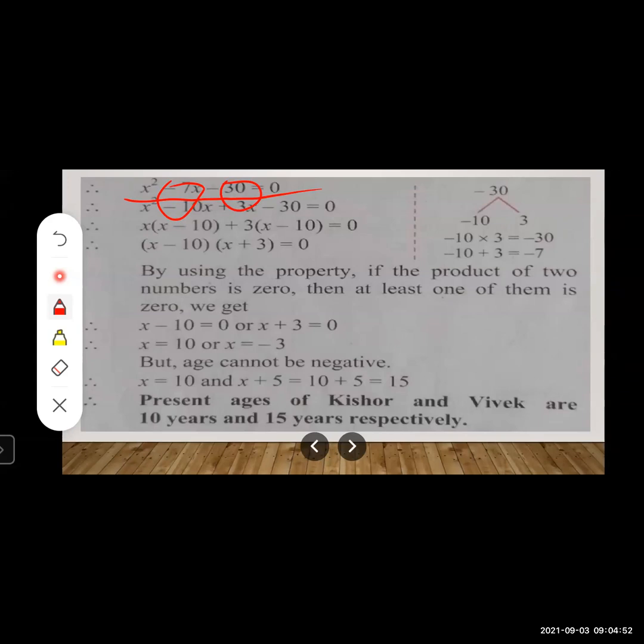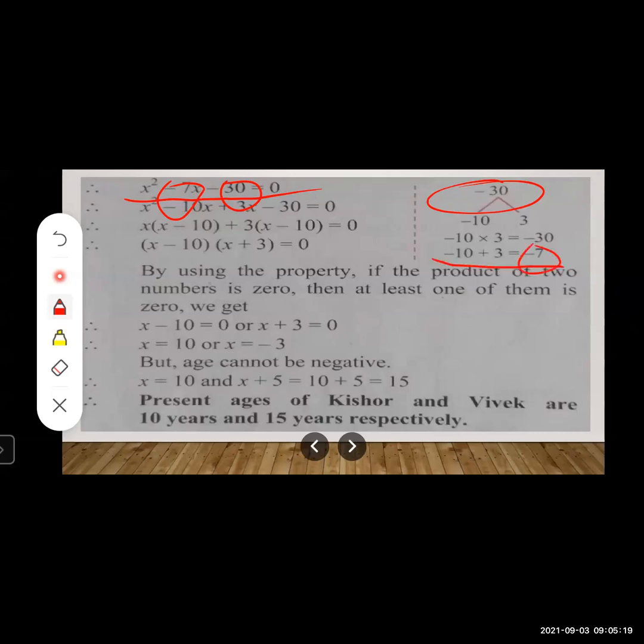Okay, let us use which method here? Factorization method. So let us first of all take the last term. What is the last term here? Minus 30. Now, when you take minus 30, you have to find the factors of this last term in such a way that when you add these factors, you should get the middle term.